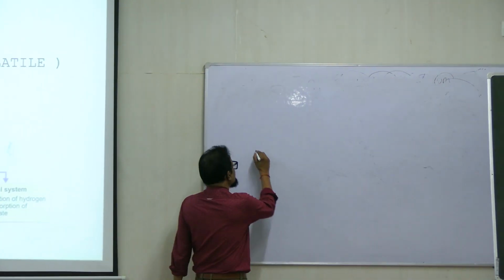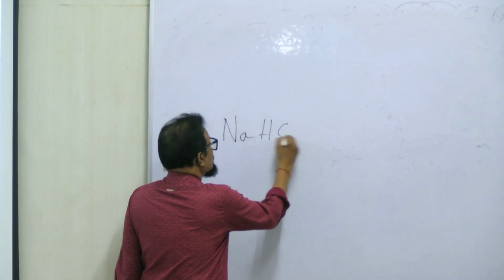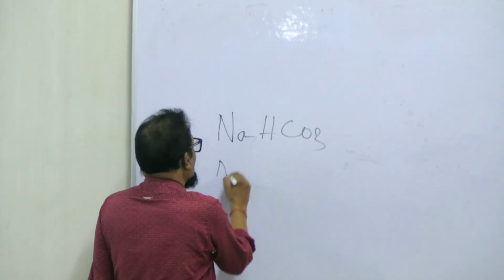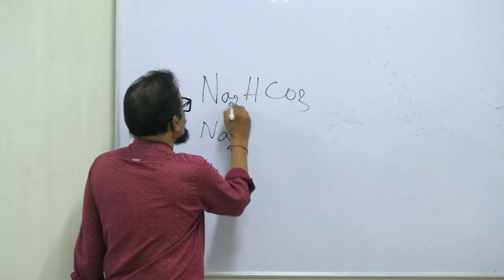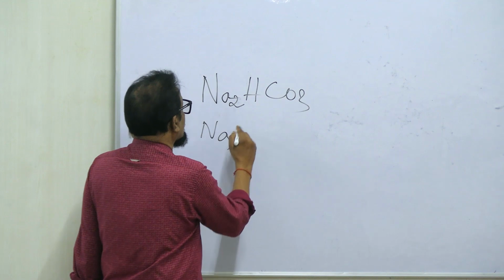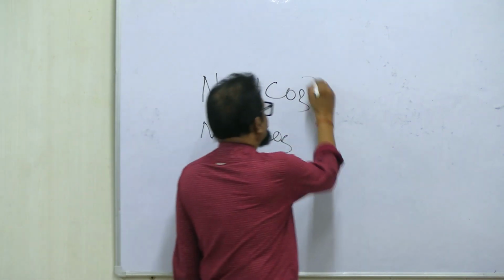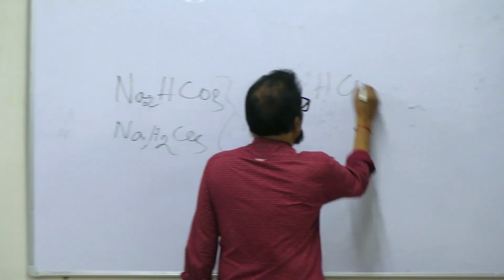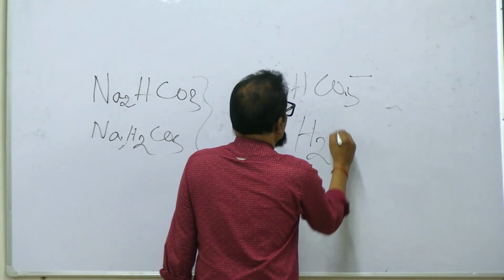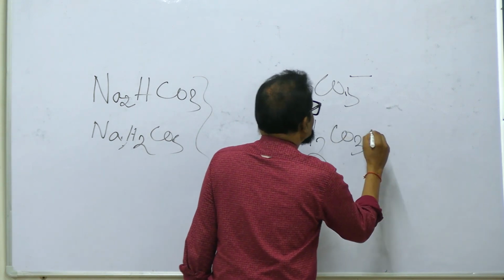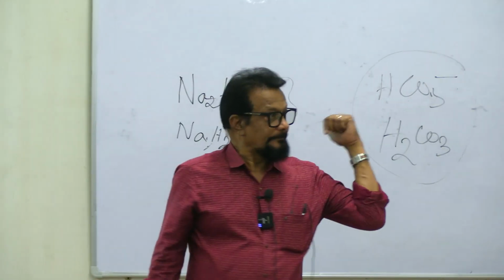Bicarbonate buffer means NaHCO3 and H2CO3. This is the buffer.